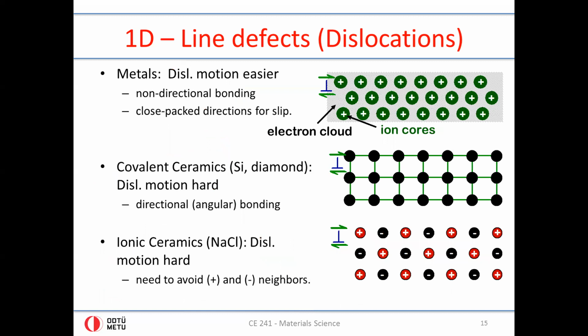Now, something important to grasp here is that in metals, this dislocation motion, or this deformation, or this ability to bend, is possible, or it's easy. The ability is high because the bonds are, as we discussed in the previous slide sets, non-directional.